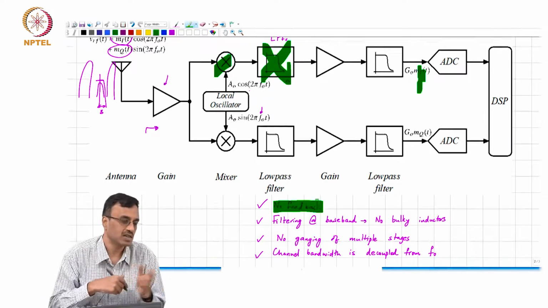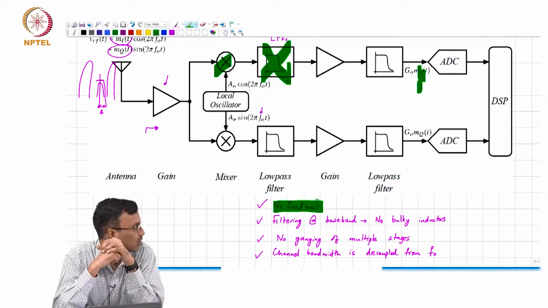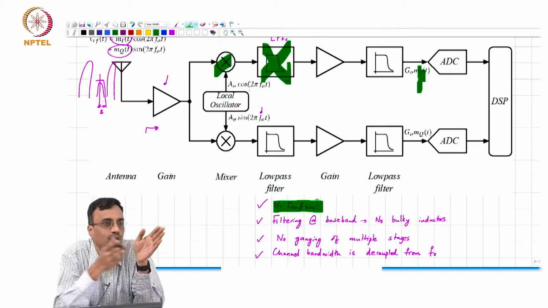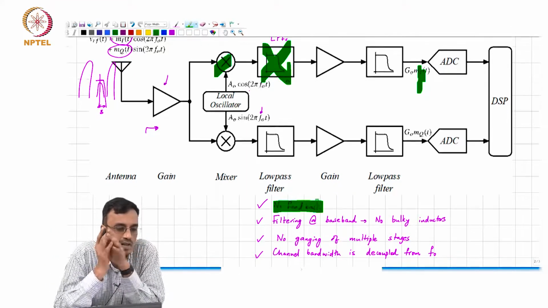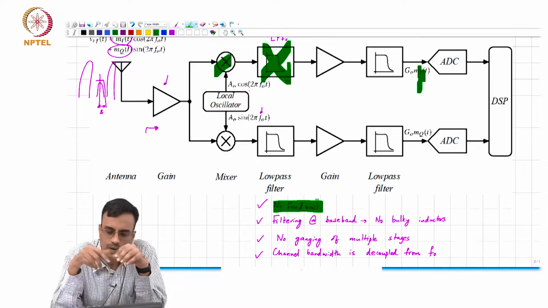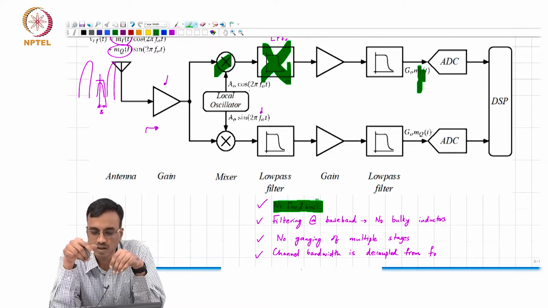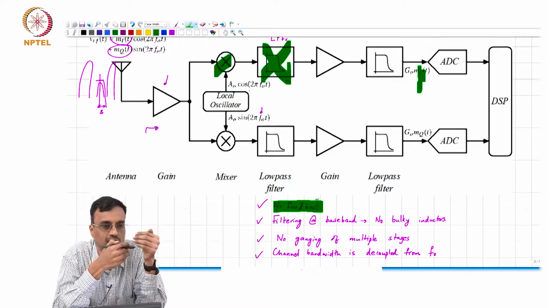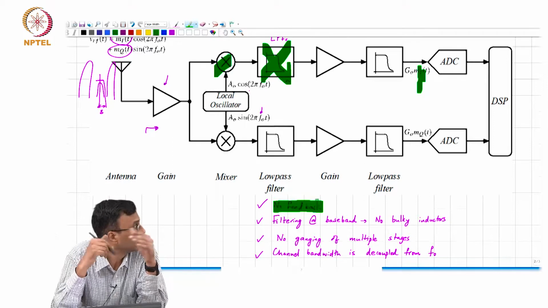It can be changed to whatever value you want without having to bother about, oh well, I have 10 band pass filter stages, so how do I make sure that all those center frequencies are the same? And therefore all the problems associated with mechanical tolerances of components, etc., are all gone.